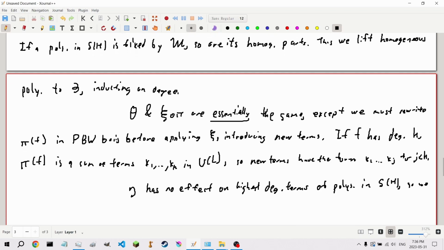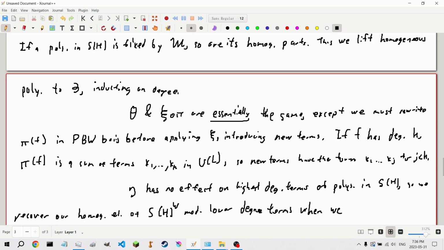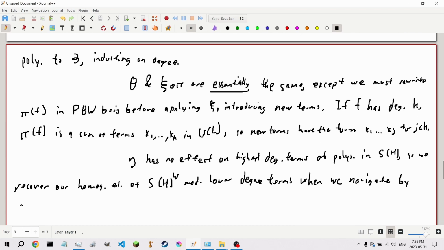So we can recover our original homogeneous element of S(H)^W modulo lower degree terms when we navigate our diagram by theta inverse, then pi, then C, and eta.